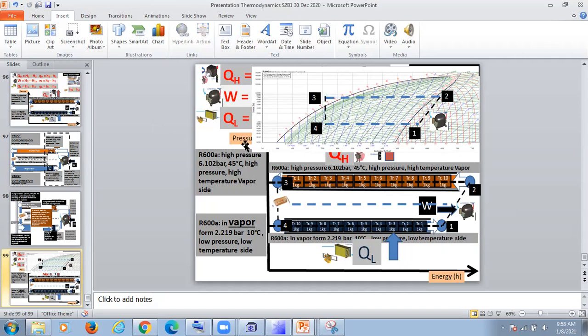I hope you can understand this. Flow directions, you can see as usual. You have seen the arrow lines.